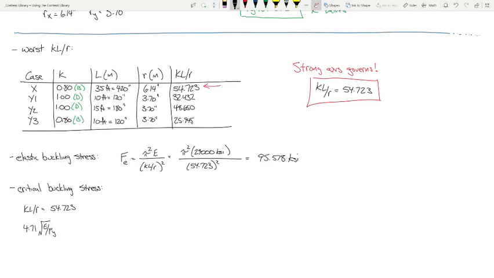Because basically what we're saying is if KL over R is bigger than that, then we're in elastic buckling. If it's smaller than that, we're in inelastic buckling. So 4.71 times the square root of 29,000 KSI over 50 KSI. And so what is that?